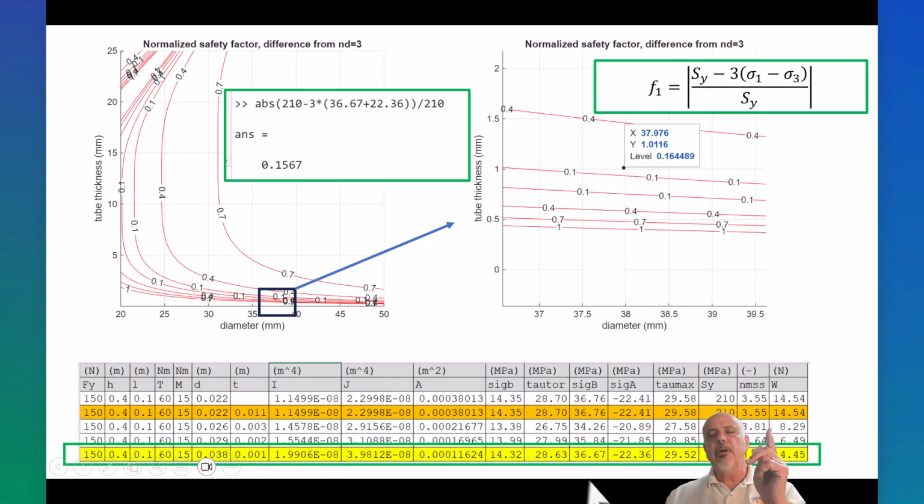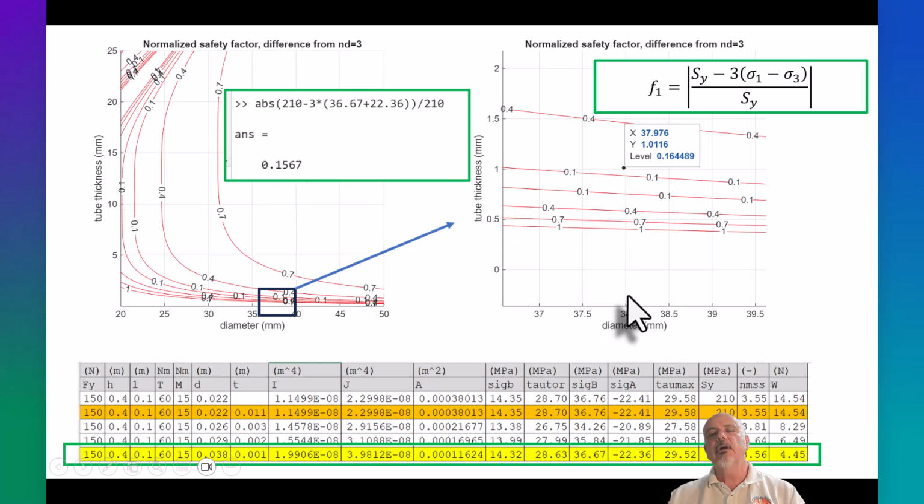I'm picking up my SY is 210, and I'm subtracting off 3, my ND, and then I'm going to multiply the 3 times 3667 plus 2236. That's how I got that. I do quantity, and then I divide it by 210 again, just to make it normalized. And I got a value of 0.15.